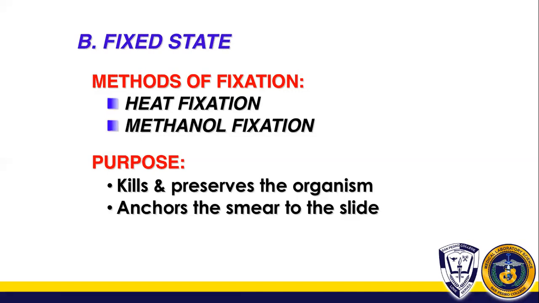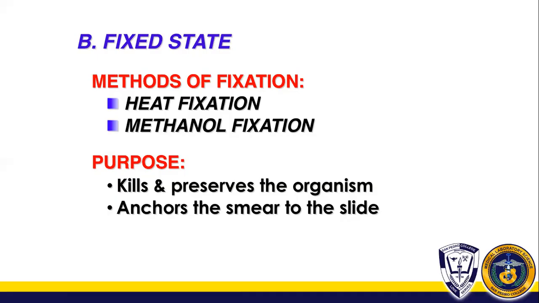Heat denatures anything that's protein, like the proteolytic enzymes within the cells. When the proteolytic enzymes are denatured, this leads to inhibition of autolysis, so in the process you're able to preserve the organism.